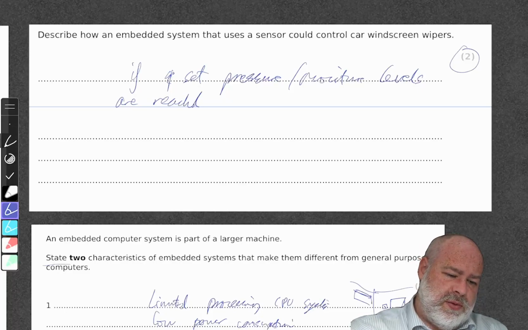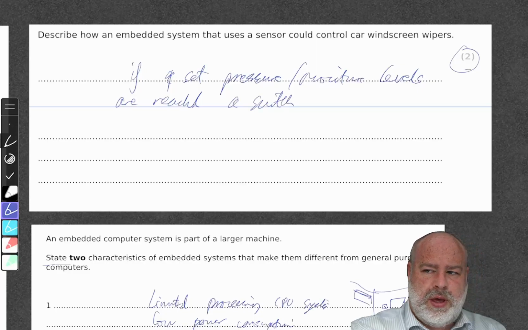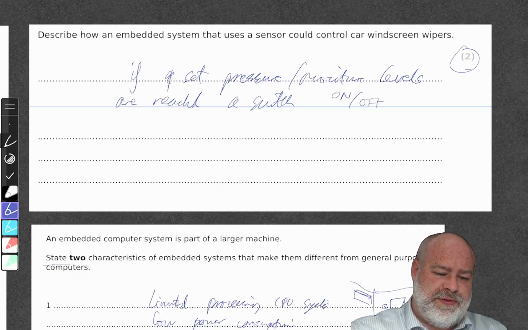That's enough for at least one part of that mark. A switch could be either turned on or off. I think that's the simplest thing.